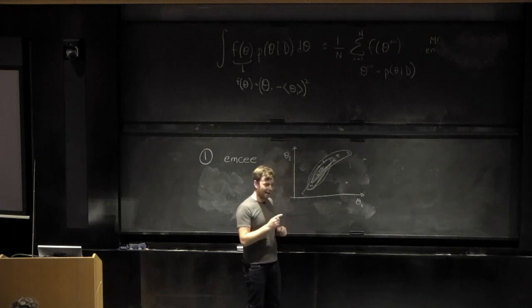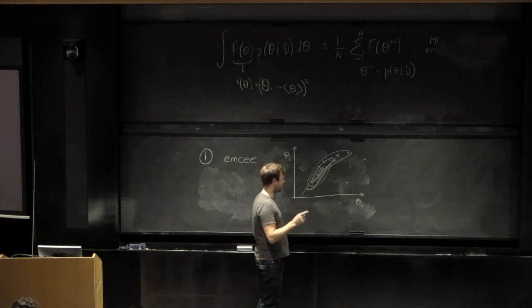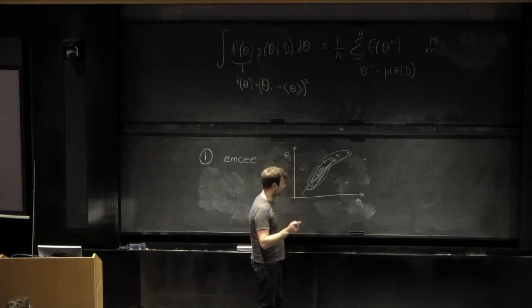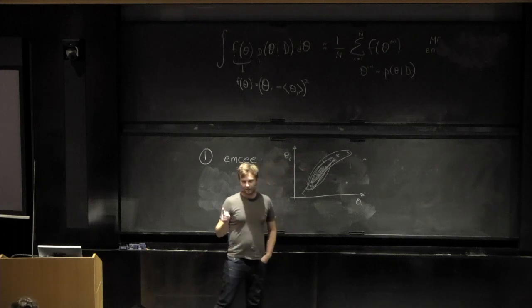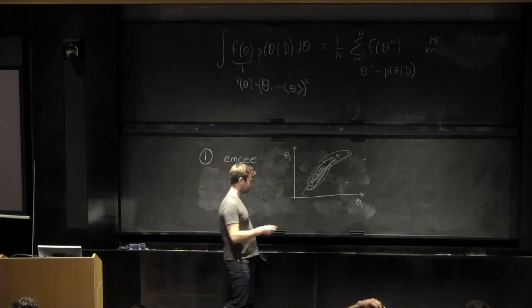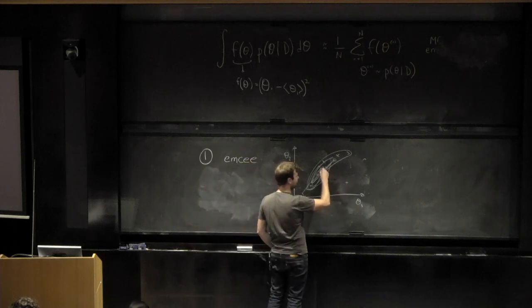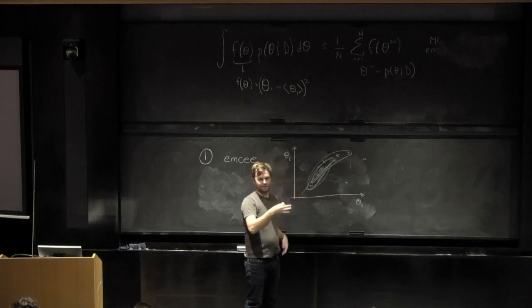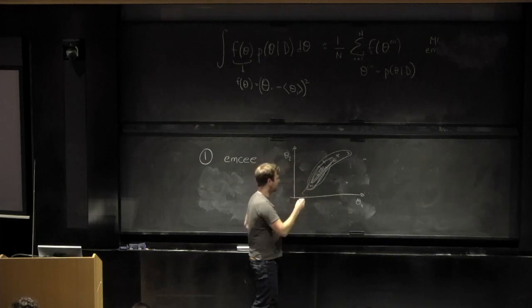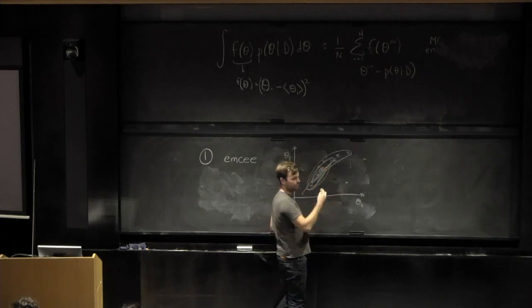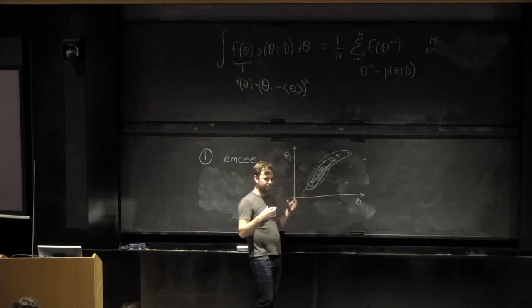So in practice, what I normally do, which isn't necessarily optimal, but it tends to be a good starting point, is I actually use an optimizer like you learned in the tutorial this morning. I would try to find something close to the peak of this. It doesn't have to be great, but somewhere in the vicinity. And then I would initialize all my walkers in a fairly small ball around here that I hope is sort of smaller than the typical scale.